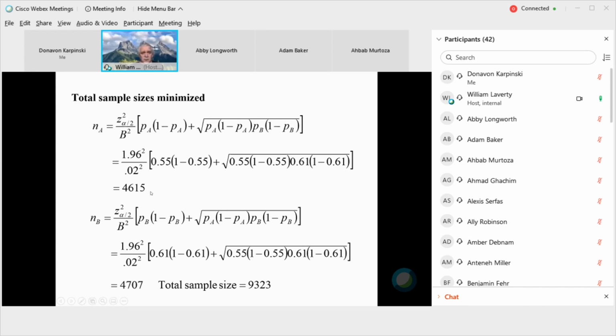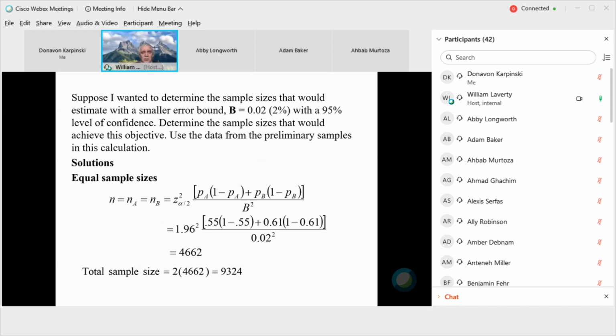There's the formulas for NA and NB. We have estimates of PA and PB from that original 100. This is 4615, 4707. If you add up these two sample sizes, they'll be smaller than those two sample sizes required to be equal.